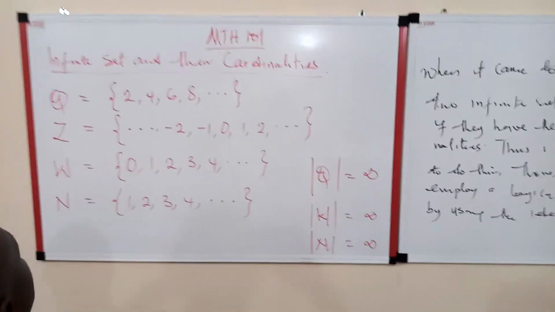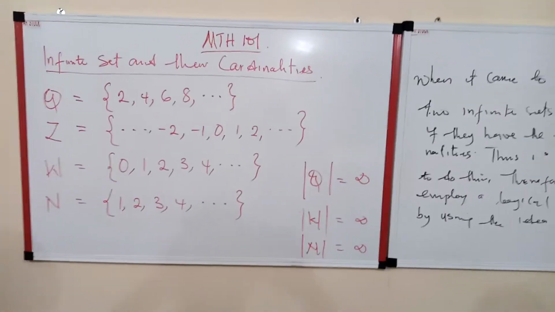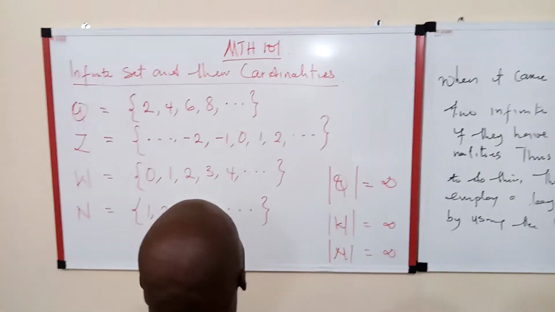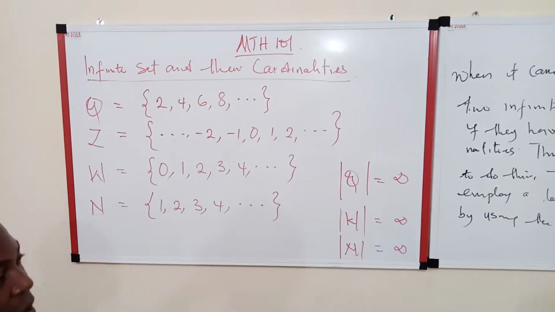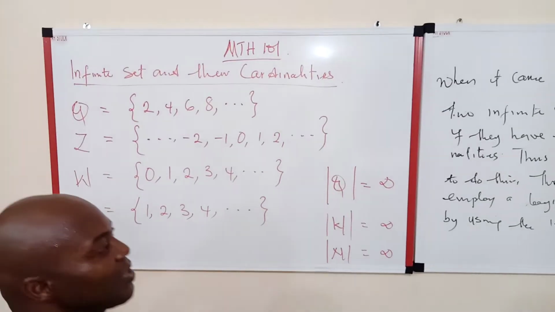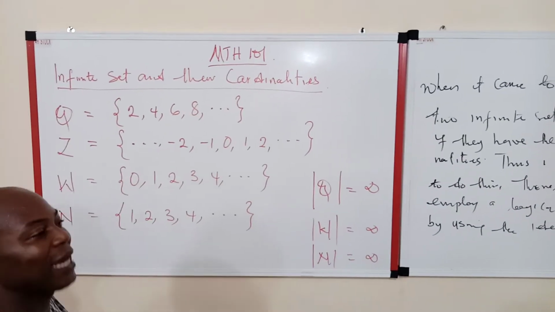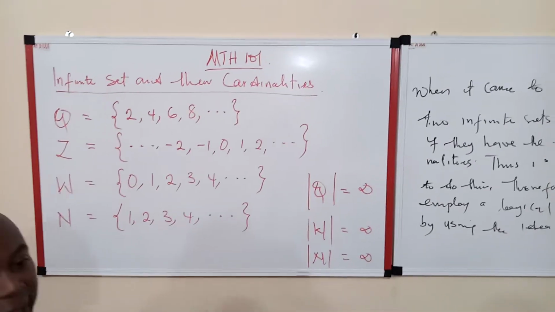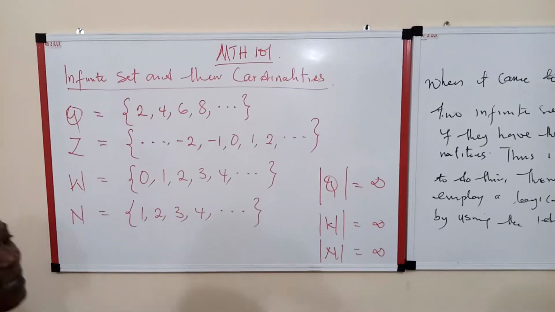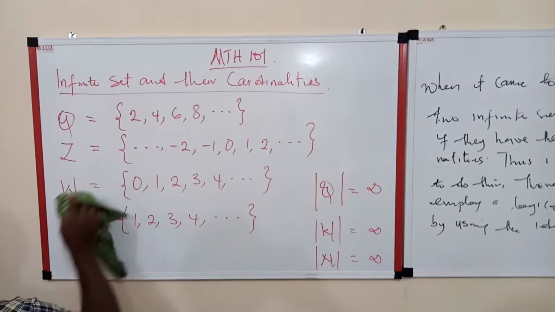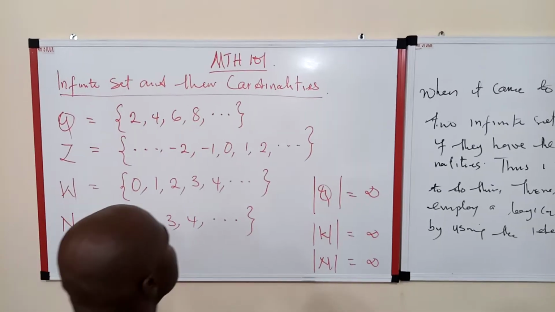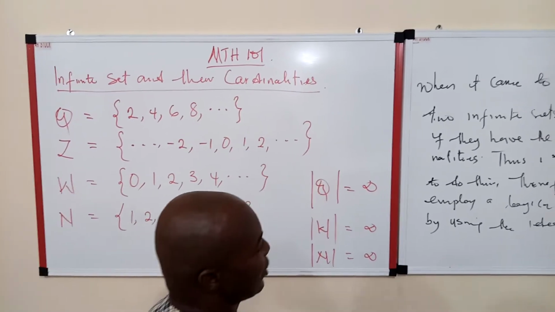Now, if we can remember, in our previous clips we have said, for the case of a finite set, two finite sets are said to have the same cardinality if and only if there exists a bisection.